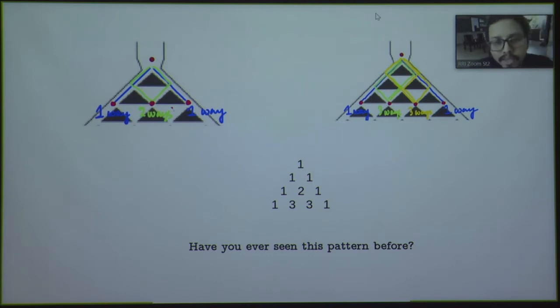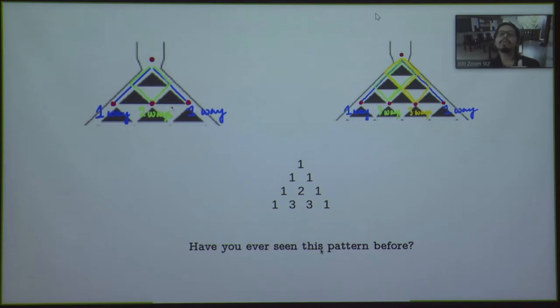There's one here, and whenever you go to the next step, this carries on, and each next number is the sum of the two numbers above it in the previous row. So here two is the sum of one and one, and then again you get one at the end. One plus two comes three here, two plus one is three here, and again one here.